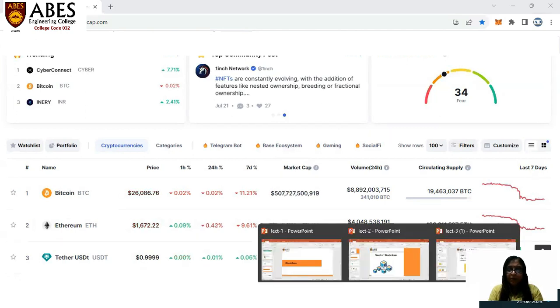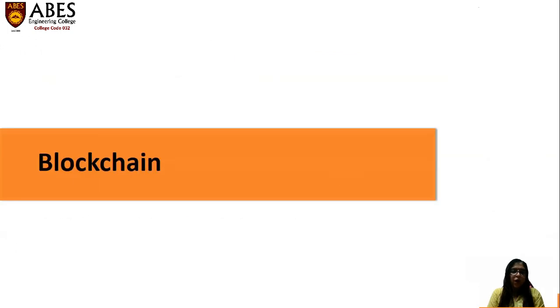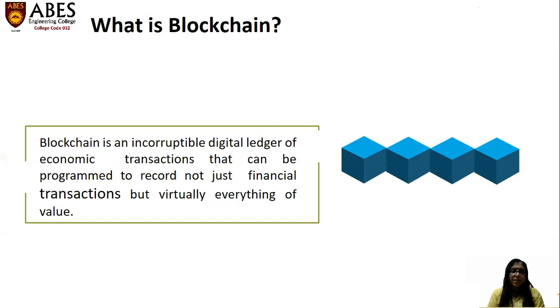So come to the PPT. So now the blockchain. Blockchain is an encryptable digital ledger of economic transactions that can be programmed to record not just financial transactions, but virtually everything of value. So we can understand about blockchain.